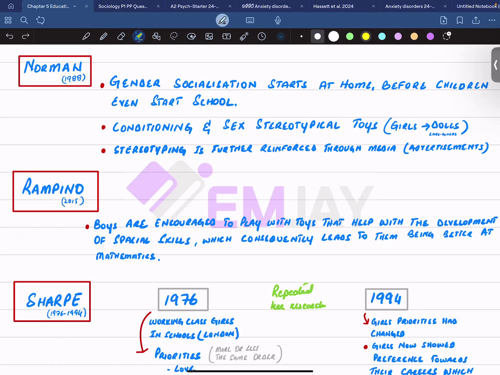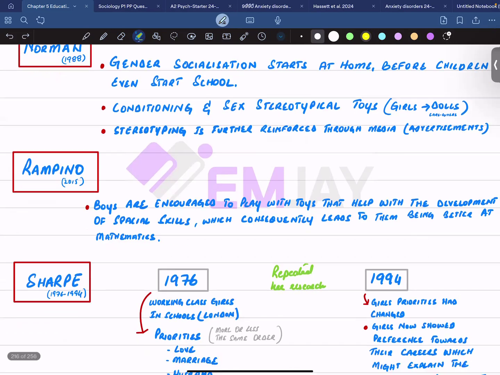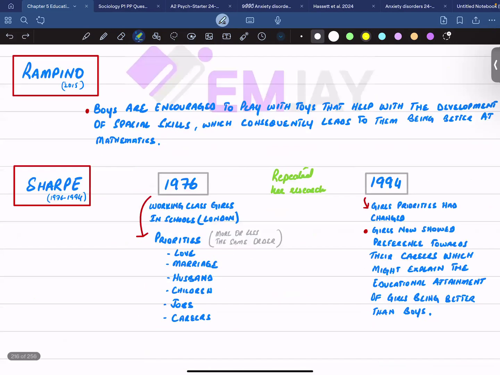Now, this research that was conducted by Rampino in the year 2015, she claimed that boys are encouraged to play with toys that help with development of spatial skills, which consequently leads to them being better at mathematics. Now, again, this is pretty much in line with the study that was conducted by Fiona Norman. We're talking about how children are given or presented, or they're made to build interests.